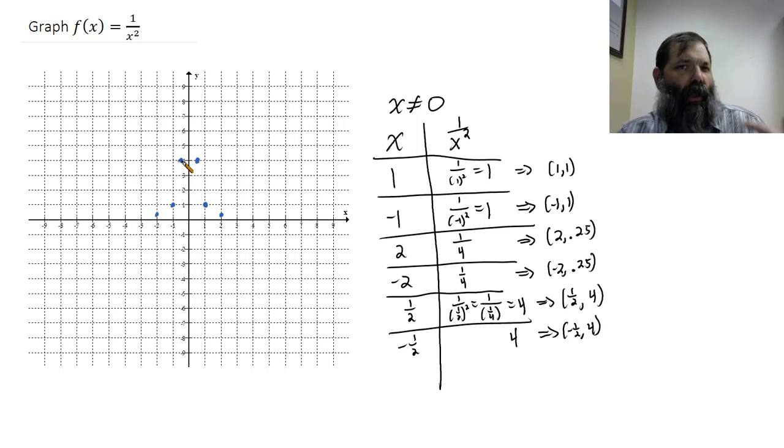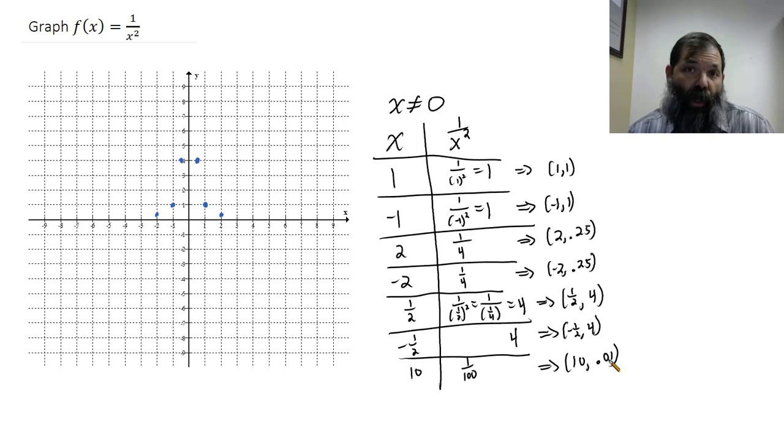What if I chose a larger number? Say, what if I let x equal 10? If my input was 10, well, 10 squared is 100. I'd have 1 over 100 as my output. And so I have the point (10, 0.01). 1 over 100 is 1/100th.